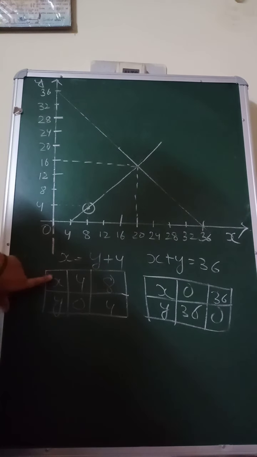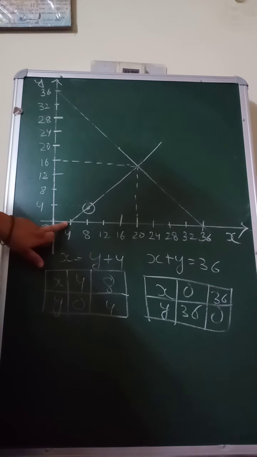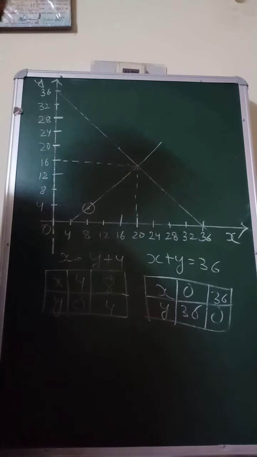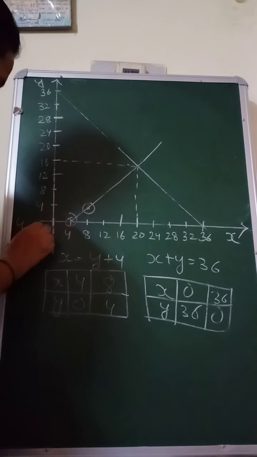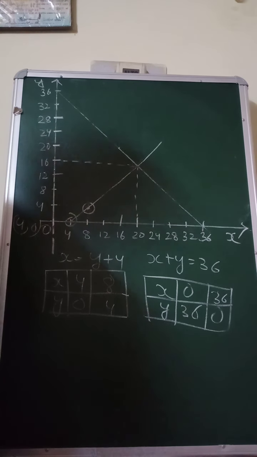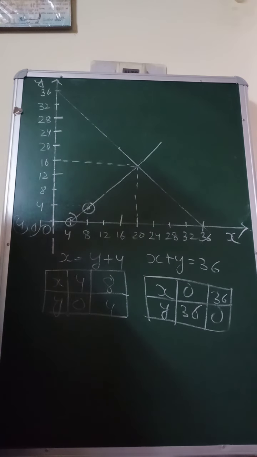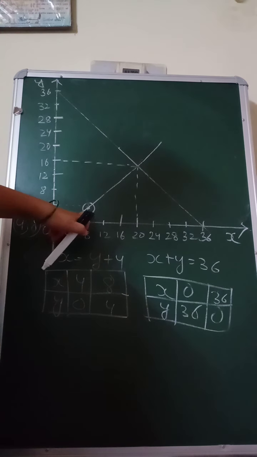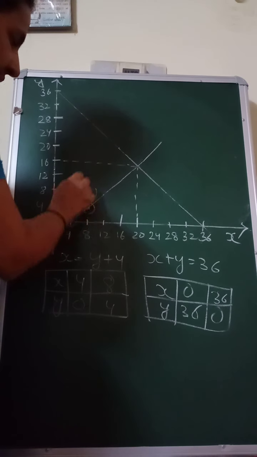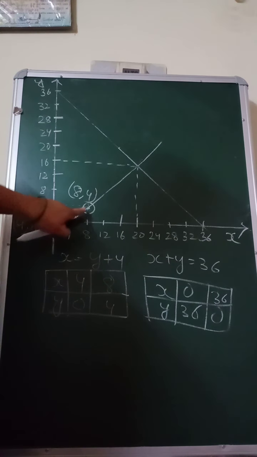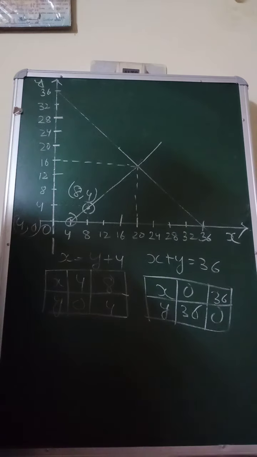For the first line, x is 4 and the value of y is 0. This is the point, and when we write points, we always write the x-axis value first. This is the second point, 8 and 4. I have joined the two points and extended the line.